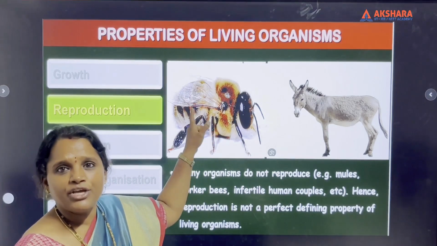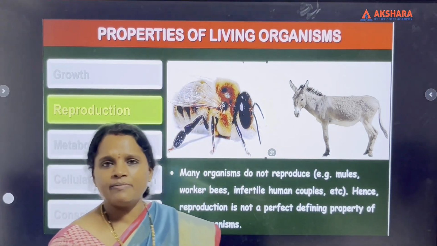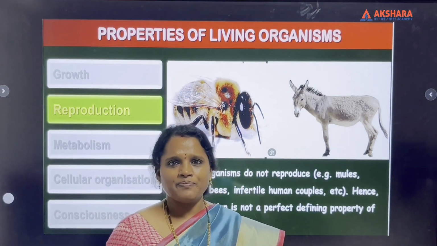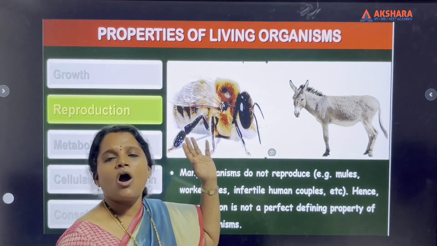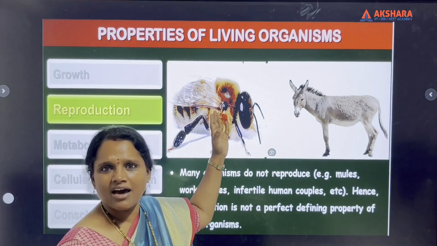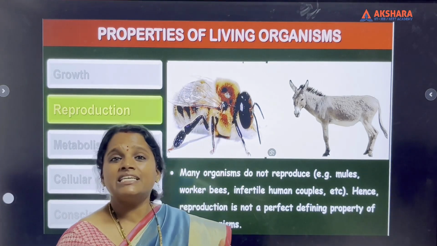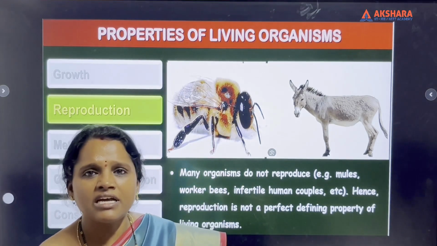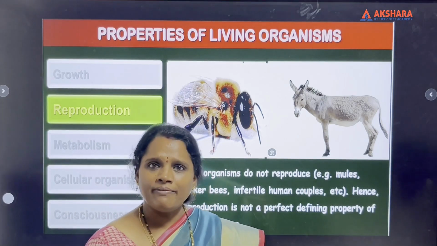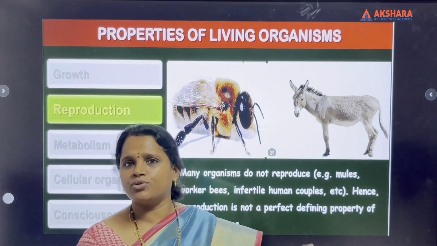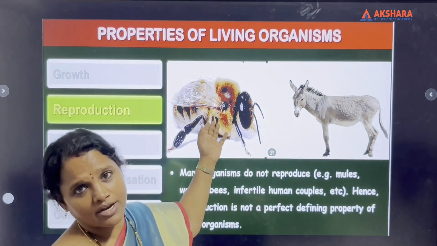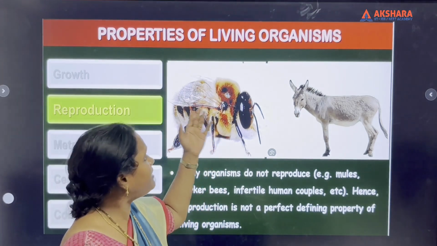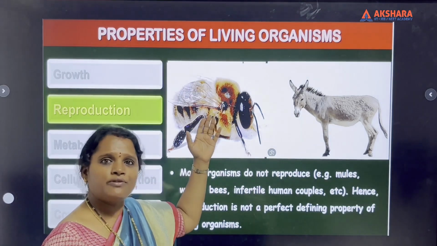In honeybees you have three different forms: a queen honeybee, a male honeybee and a worker honeybee. All worker honeybees are sterile. Being living organisms, the worker honeybees are all female, but they do not reproduce. Whereas males are fertile and the female queen is also fertile.